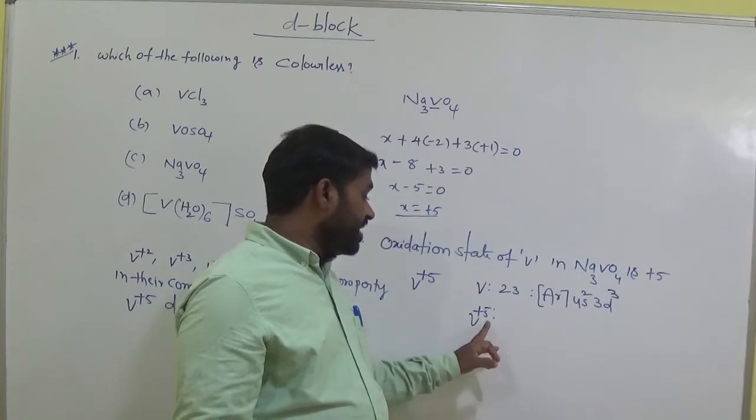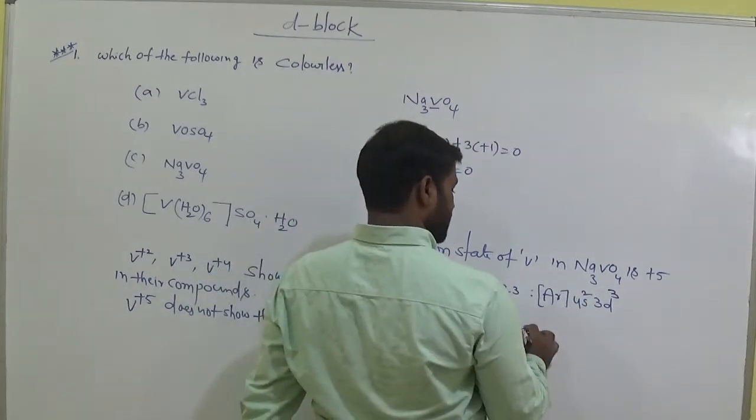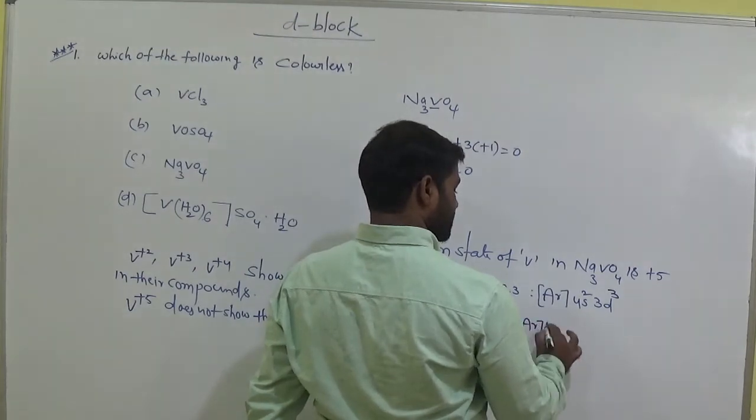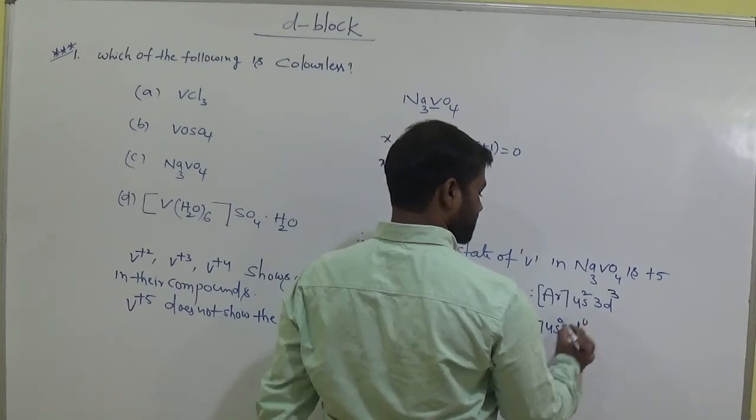So remove 5 electrons, 2 electrons from 4s, that means 4s0, the remaining 3 electrons from 3d, so 3d0.